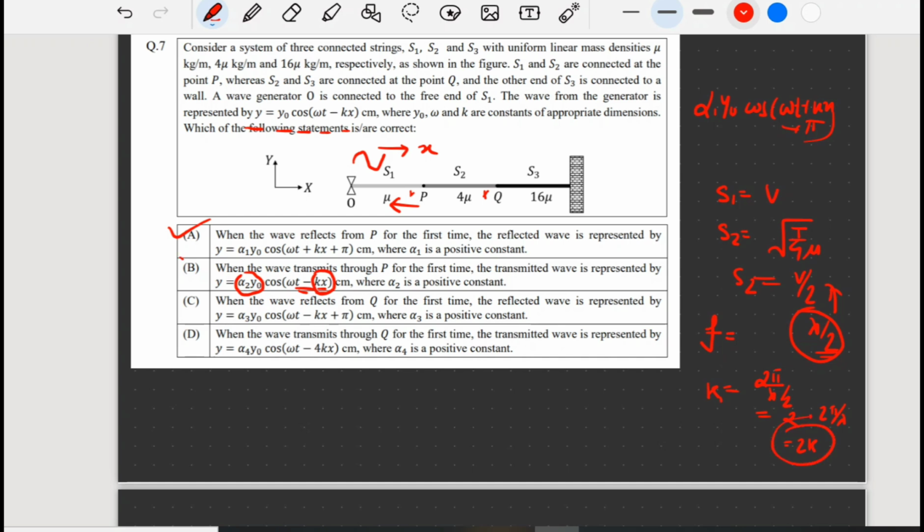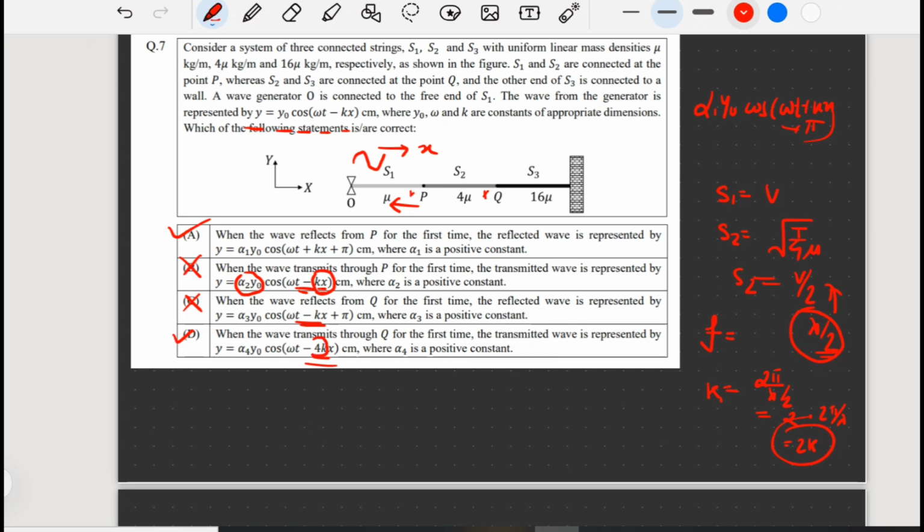So it is wrong. When the wave reflects from Q for the first time, the reflected wave is represented by this one. The reflection direction is not right, so this is not the right answer. When the wave transmits through Q for the first time, the transmitted wave is represented by α₄y₀ cos(ωt − 4kx). We can take it as right. The direction is the same, towards the positive x-axis.